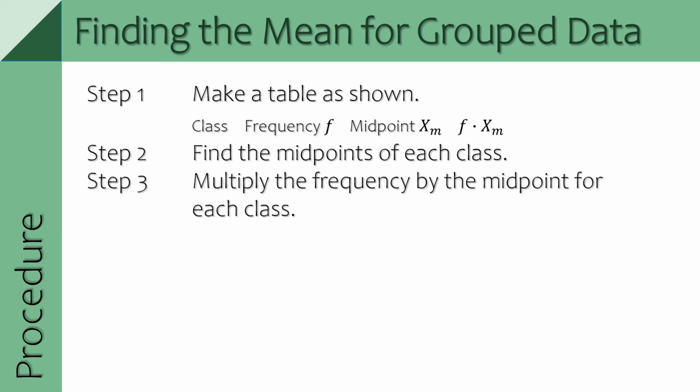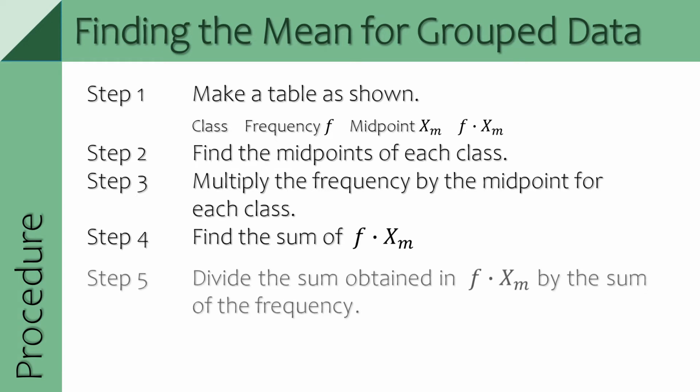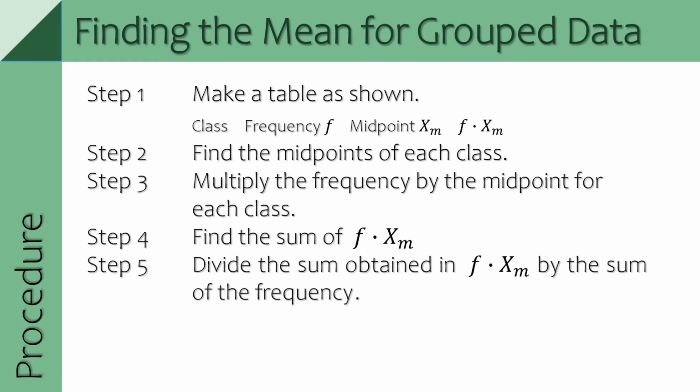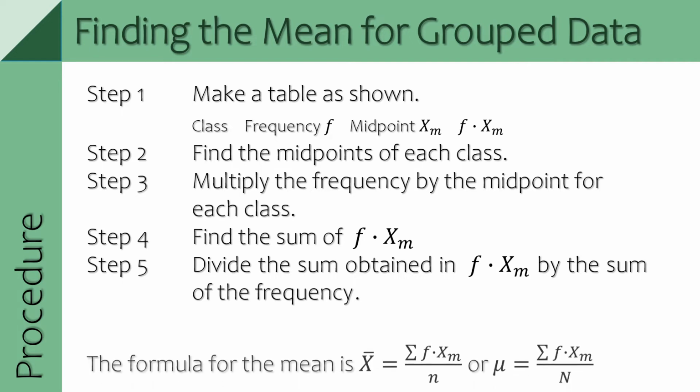Next, multiply the frequency by the midpoint for each class. Next, find the sum of f multiplied by the midpoint, and then divide the sum obtained by the sum of the frequencies.